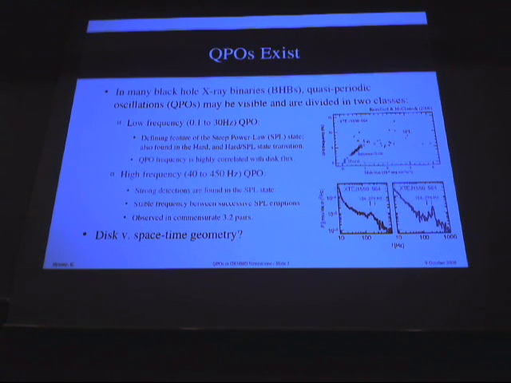First of all, we could probably say that the low frequency QPO might be tied to the actual disk dynamics itself. If the inner edge of the disk is moving in or out, that might affect the low frequency QPO's frequency. Whereas if the high frequency QPO is due to some sort of space-time geometry, it would then be understandable that it is stable.